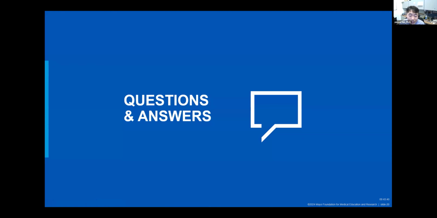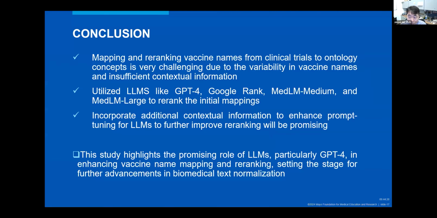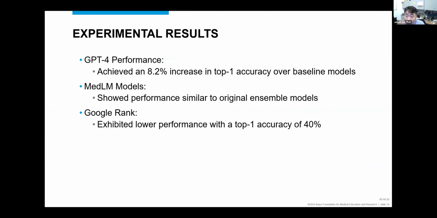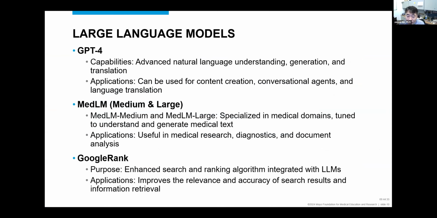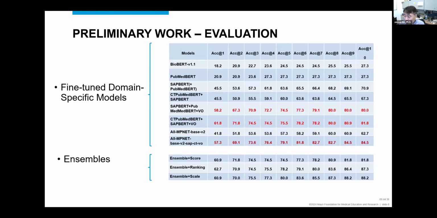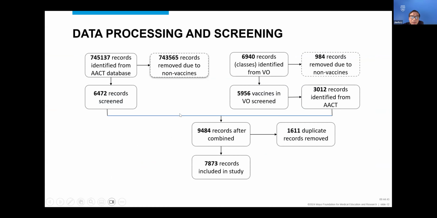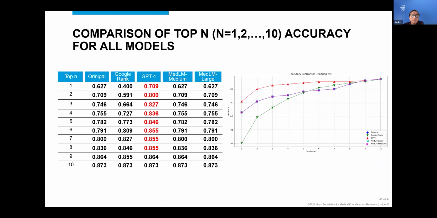Just for clarification, when you first evaluated the multiple different methods and ensemble approaches, you had an accuracy. Can you explain how you actually calculate those accuracies? Oh yeah, this accuracy, do you mean this table or both? This is the initial result. This is the final re-ranking result.